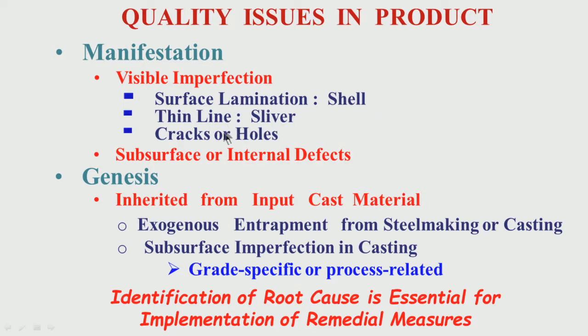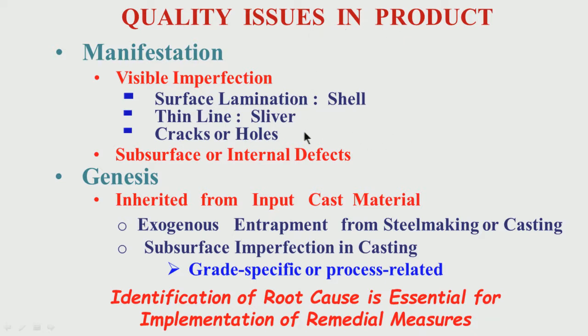So either it can be a surface lamination which is called shell, or a thin line which is called a sliver, or there can be cracks or holes on the surface. That means you find in the cast product certain cracks or maybe small holes. So these are really very crude defects. We have to know why this has formed and at what stage it has formed.